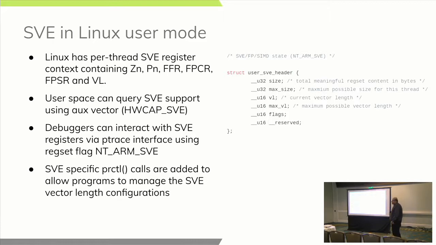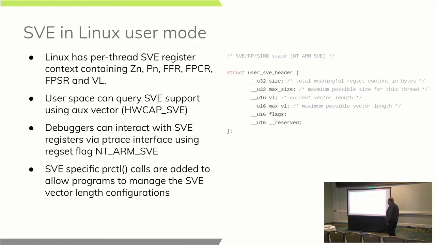We can use the aux vector and figure out if the hardware provides the SVE capability, and that is just to let the user know that this architecture and this particular OS running on it supports SVE, but that doesn't necessarily mean that the current thread has enabled SVE support and is using it.